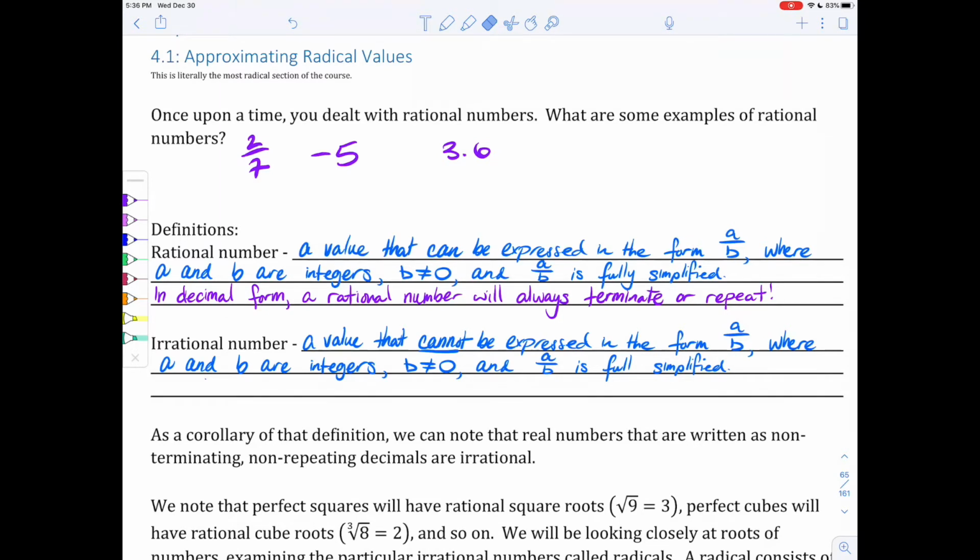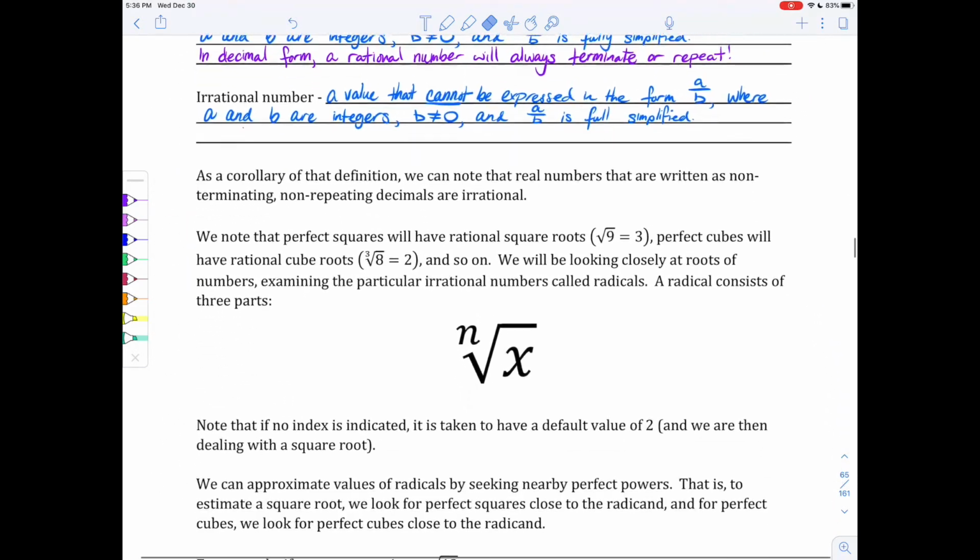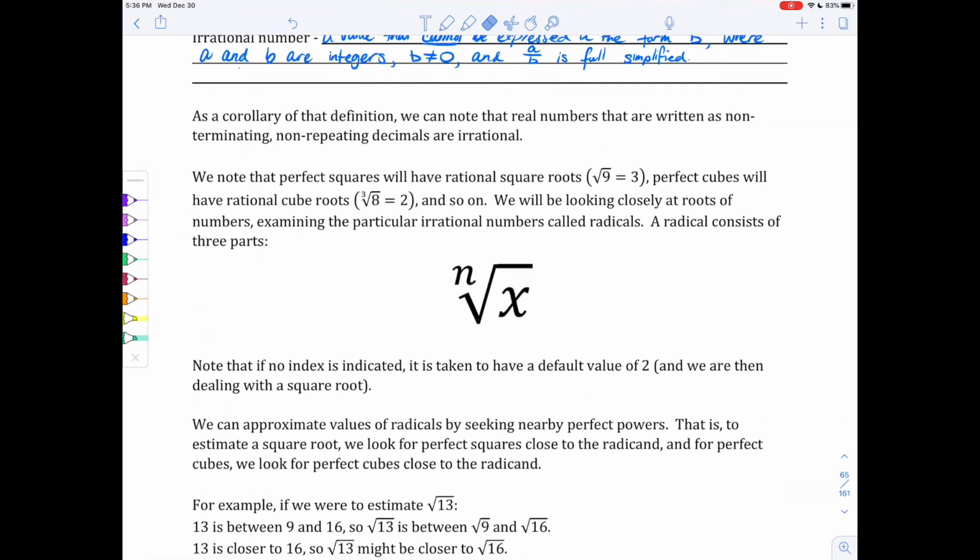All right, so we're going to start looking at radicals as this unit kind of suggests. And as we do so, there are some things that we might want to keep in mind. Perfect squares or even perfect cubes will have square roots or cube roots that will be rational.